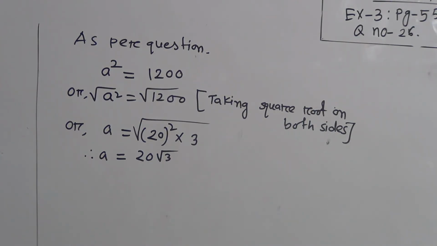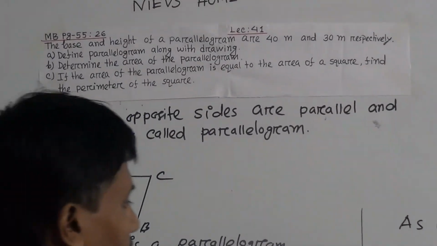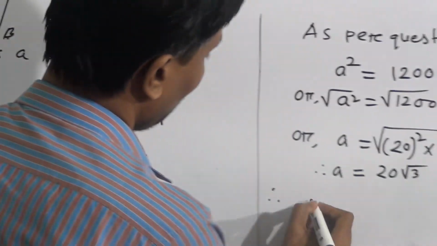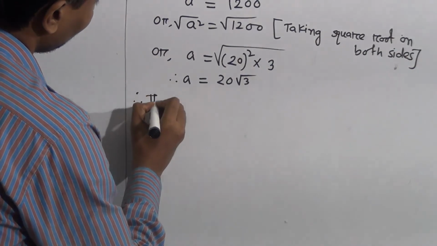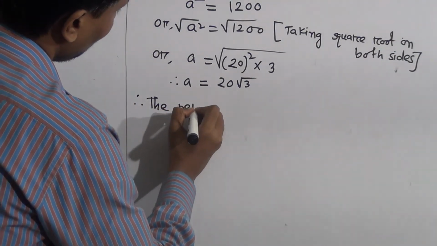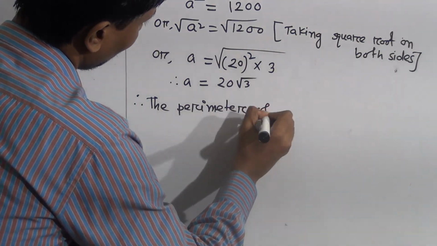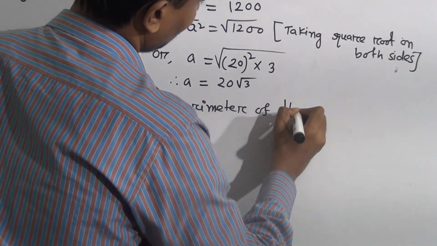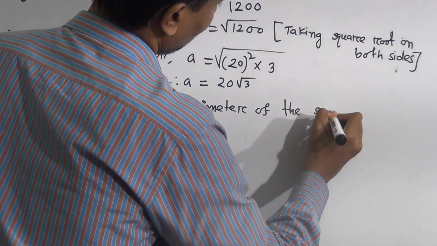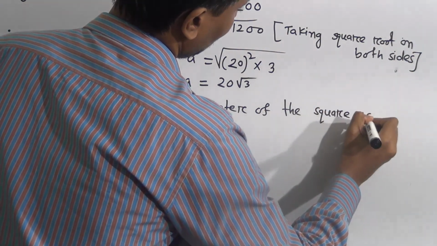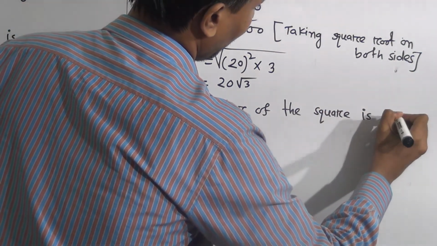Okay, now what is the question? Find the perimeter of the square. Okay, right. Therefore, the perimeter of the square is 4a meter.